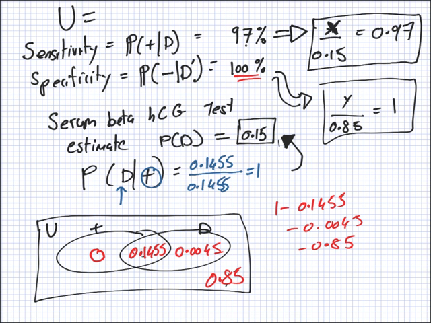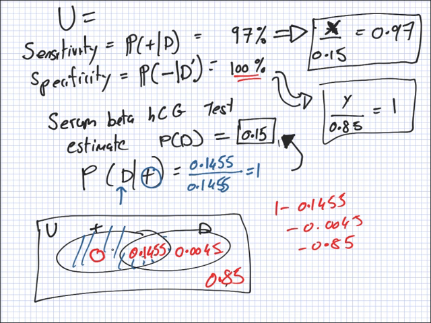Why did you divide it over 0.1455? Is that not test positive? Yeah, 0 plus 0.1455. But should it be over 0.15, because you're taking the probability of all of who's pregnant, right? Oh, here it is. This is positive. So that's 0.1455 plus 0.